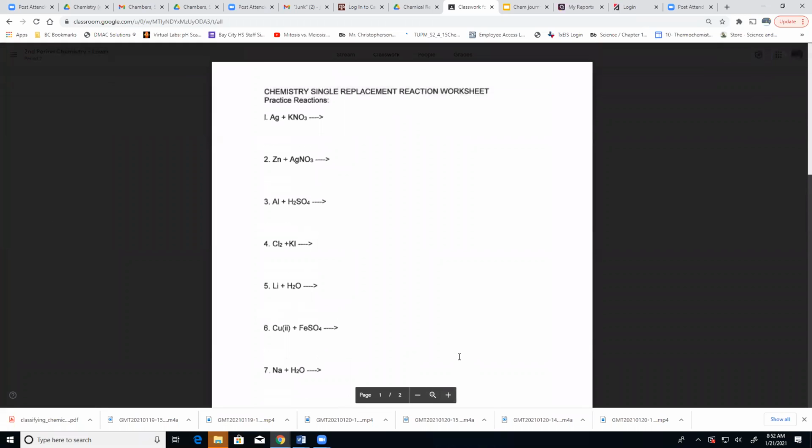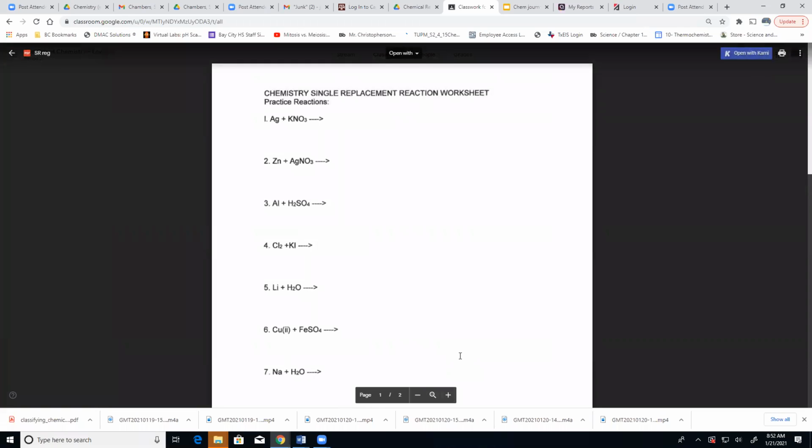So we'll just start with the first one. We'll look at a couple on here. The first one I have is silver plus potassium nitrate. So silver, Ag, is that trying to replace the K? Well, it has to be replacing the K because we don't have NO3 on either of these charts, right?